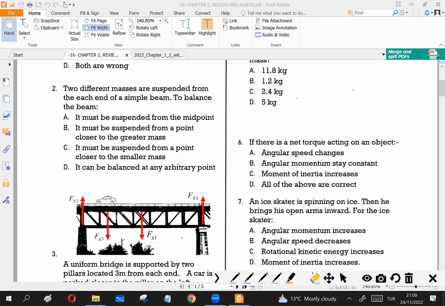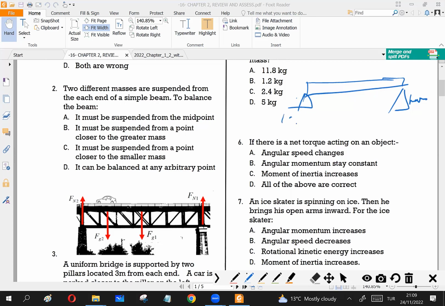uniform, just like a balance, maybe it's a simple beam, but one side is heavier, the other side is lighter. So in this case, if this side is heavier, the center of gravity is going to be closer to the heavier side. And we discussed this before when we talked about center of mass, center of gravity.